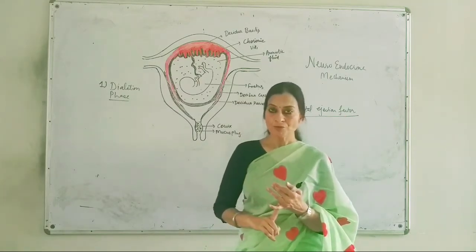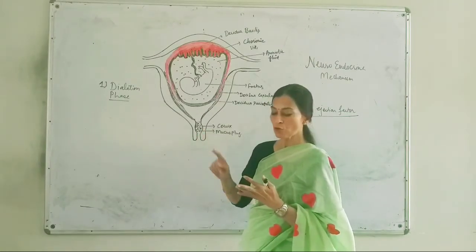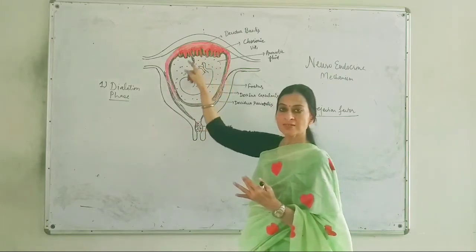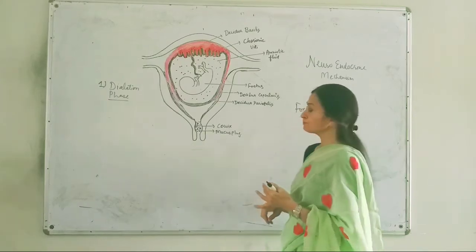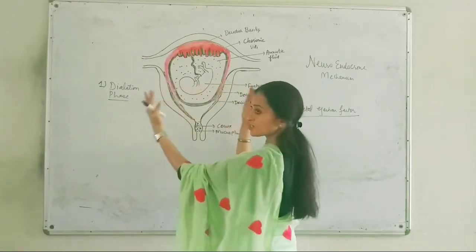So in the dilation phase, there are rapid contractions and relaxation of the uterine wall. Second, hypoxic conditions are created in this decidual wall.